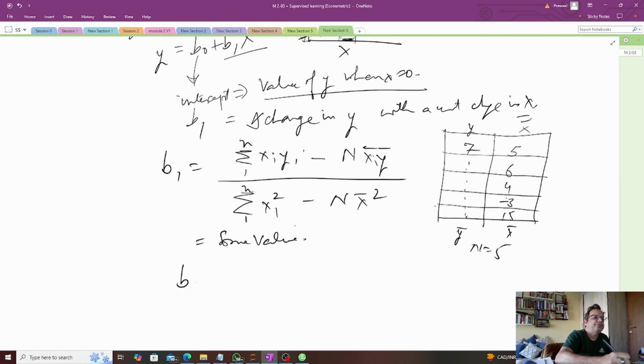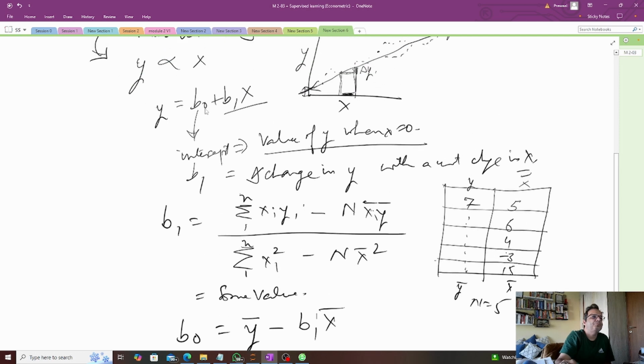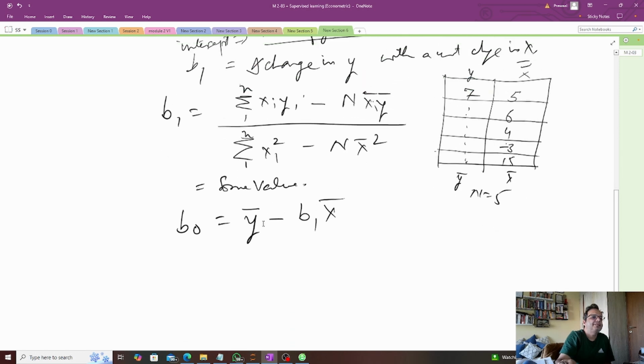And then you find out beta naught by y bar minus beta 1, which you have already found out, times x bar. So if you look at this equation closely, y equals beta naught plus beta 1 x, this is very similar to that. It says y bar, the average value of y, is nothing but beta naught plus beta 1 into x bar. So this will give you the values of beta naught and beta 1.